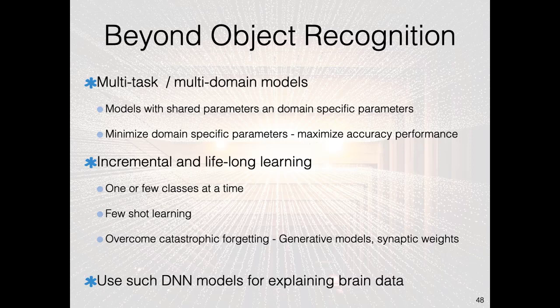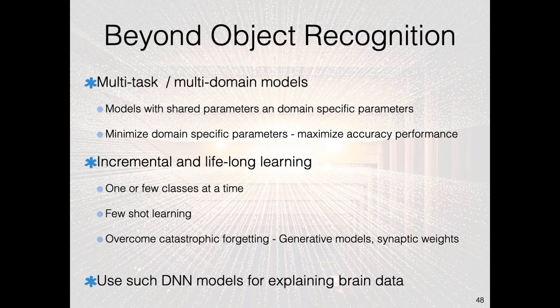And so these are models that have shared parameters and domain-specific parameters, each for a domain or task. So here, one of the goals, of course, is to minimize the domain-specific parameters, but maximize the accuracy performance.